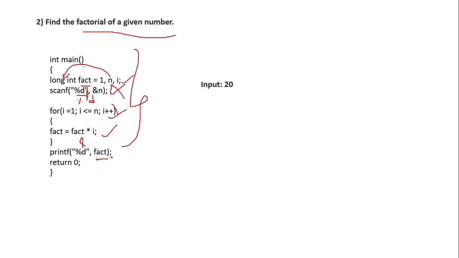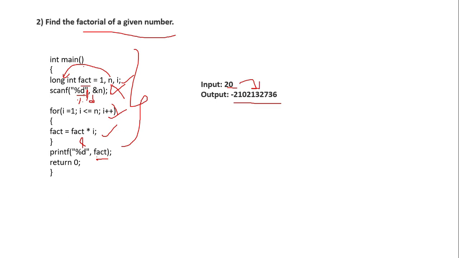If not, you'll get this output, which is not the factorial of 20. See, for 1 factorial you'll get 1, for 2 factorial you'll get 2, for 3 factorial you'll get 6. So you're getting only positive numbers, not a negative number. But for 20 you're getting a negative number, which is wrong.